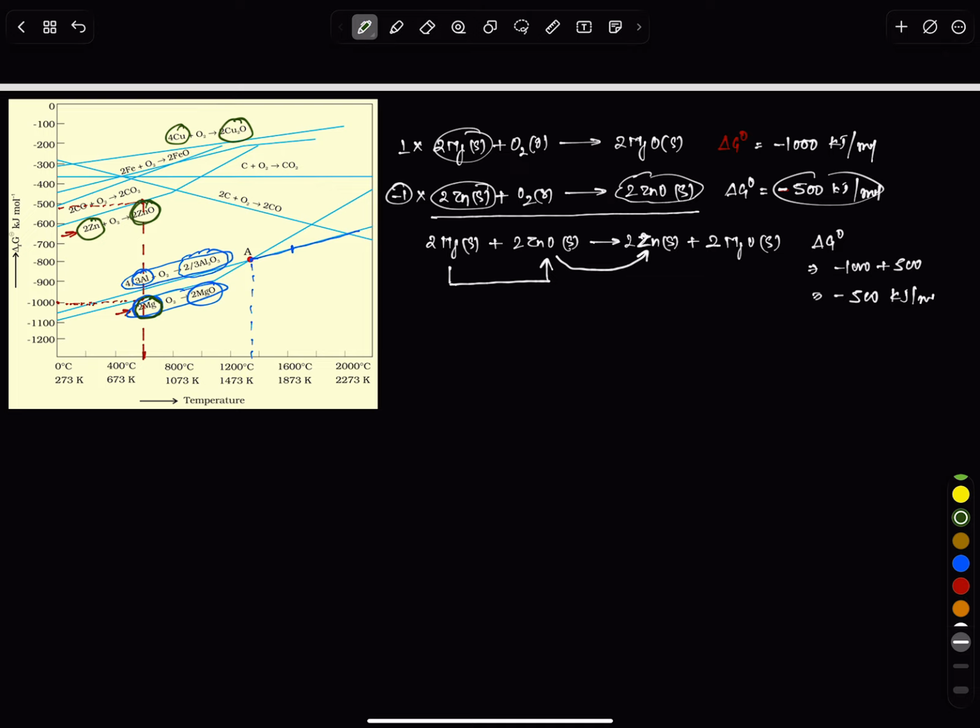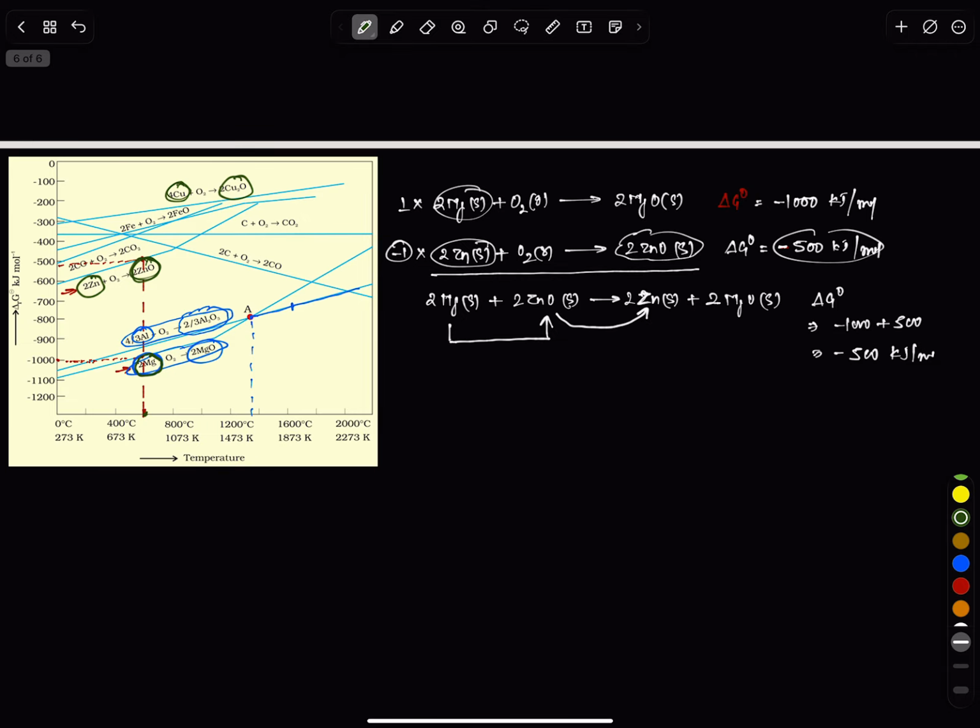No. At this temperature, as long as the copper combustion line is above, copper won't be able to reduce zinc oxide. So I hope you understood how to apply the Ellingham diagram to decide which element will be able to reduce which metal oxide.